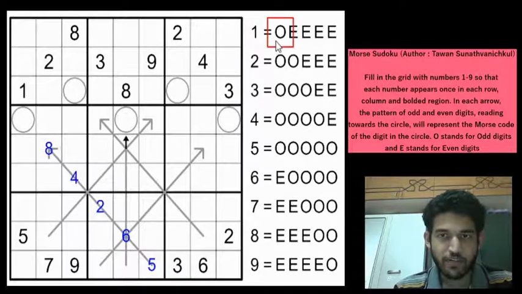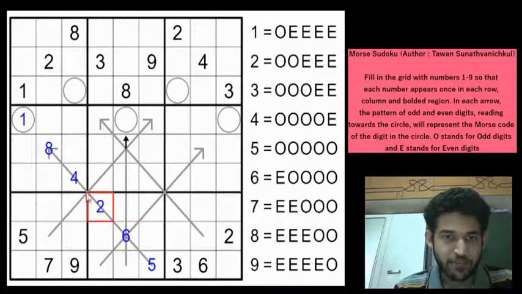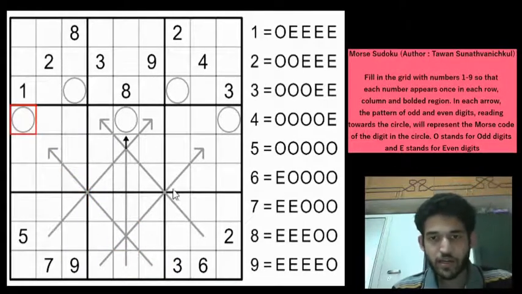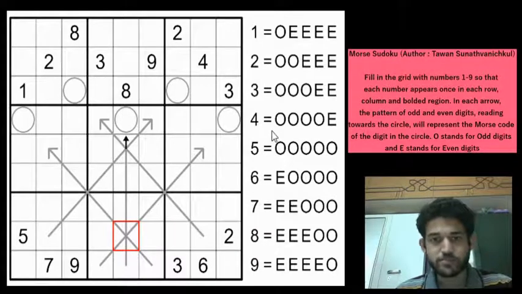Because starting from the left, odd and then 4 evens gives you 1. So this circle must contain a 1 if this is the parity of digits along the line starting from the arrow stem. So depending on the Morse code along the arrow stem starting from this direction, you get a corresponding digit in the circle. So these are the rules.